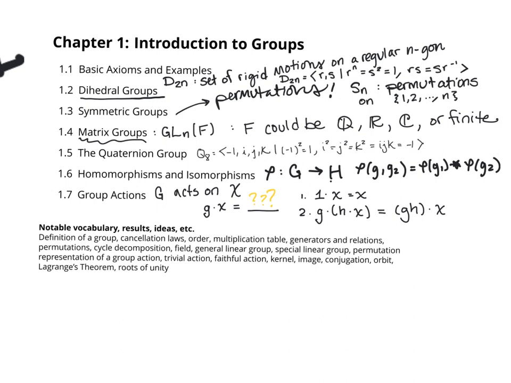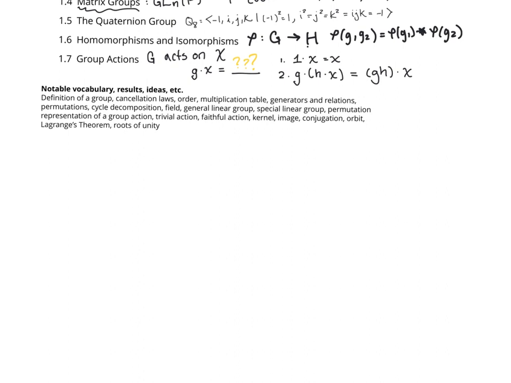All right, so all of that being said, let's take a quick peek at some of the notable vocabulary or key ideas that are lurking within these bigger sections. Definition of the group, we're on it. Cancellation laws, you can multiply by the inverse, woo!